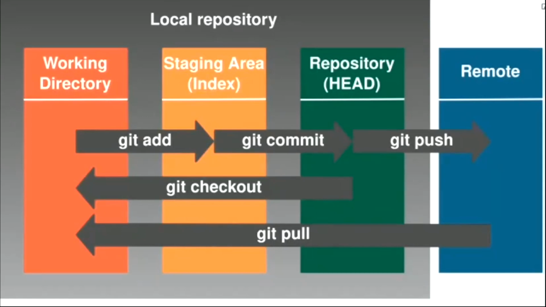The person in charge of the remote place then has to do a pull if he likes it, and does a diff to compare what you've pushed up with what he's got already. If he's happy with it, he says yes to it basically, and then it goes in.